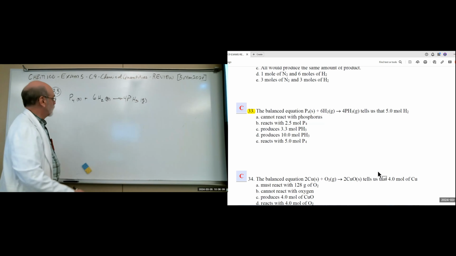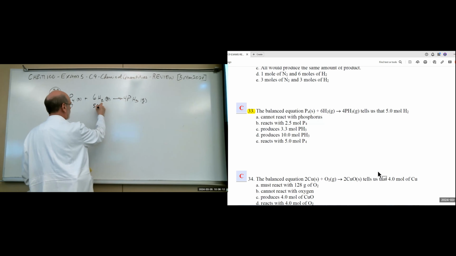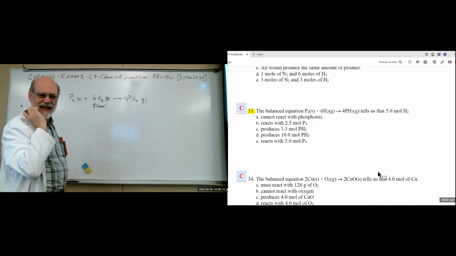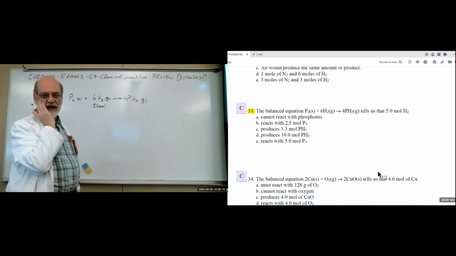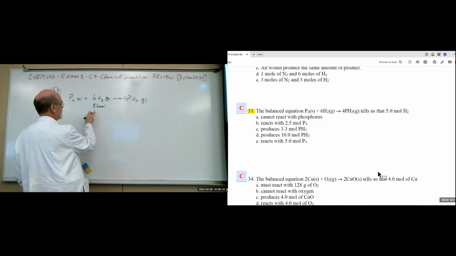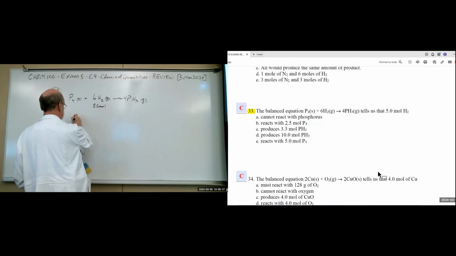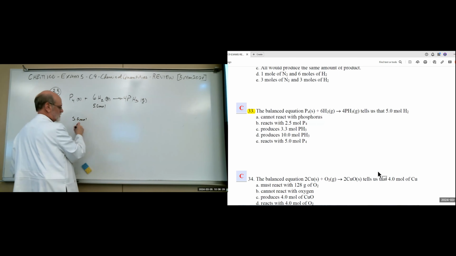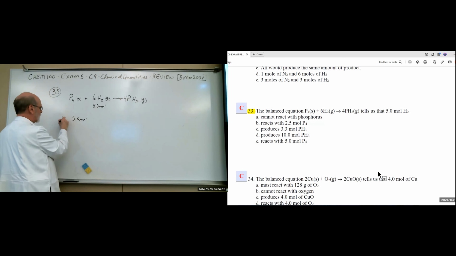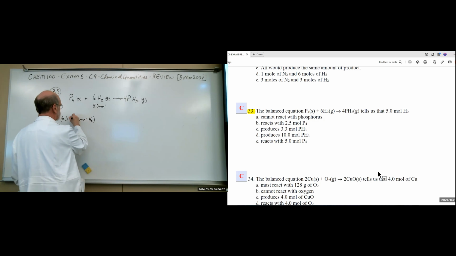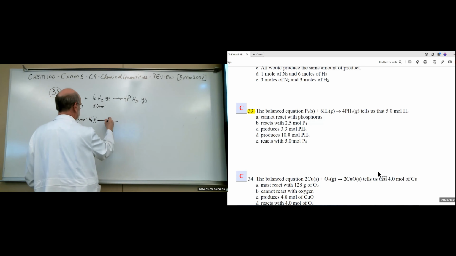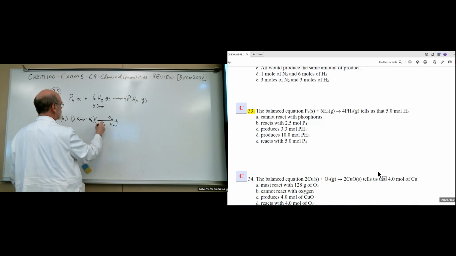5 moles of hydrogen, what? Well, let's look at the answers. Cannot react with phosphorus is ludicrous. Reacts with 2.5 moles of P4. Is that right? If we convert this, let's see, this would be B. If we convert 5 moles of hydrogen to phosphorus, P4, H2, then we have 6 here and 1 there.